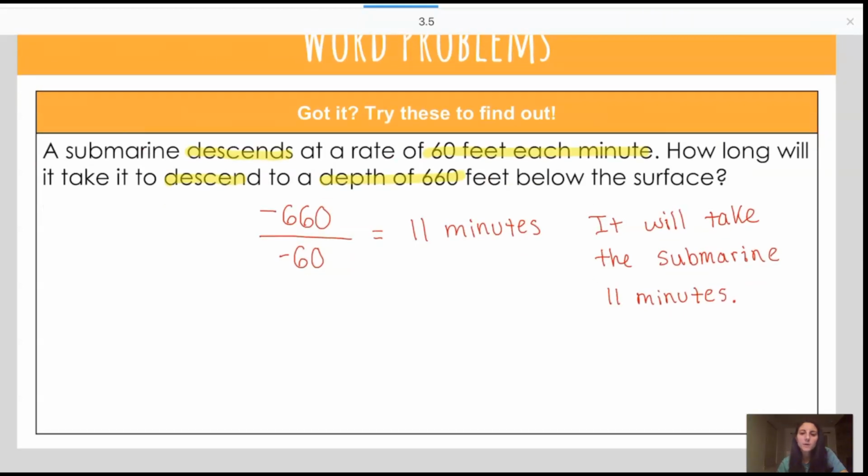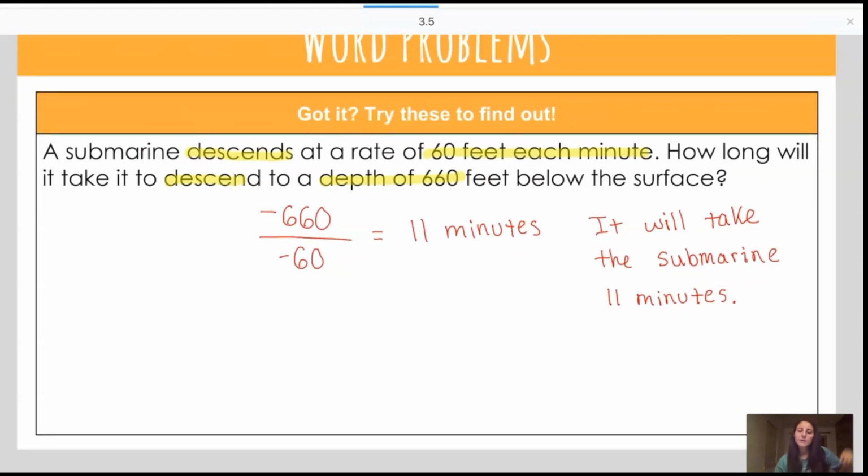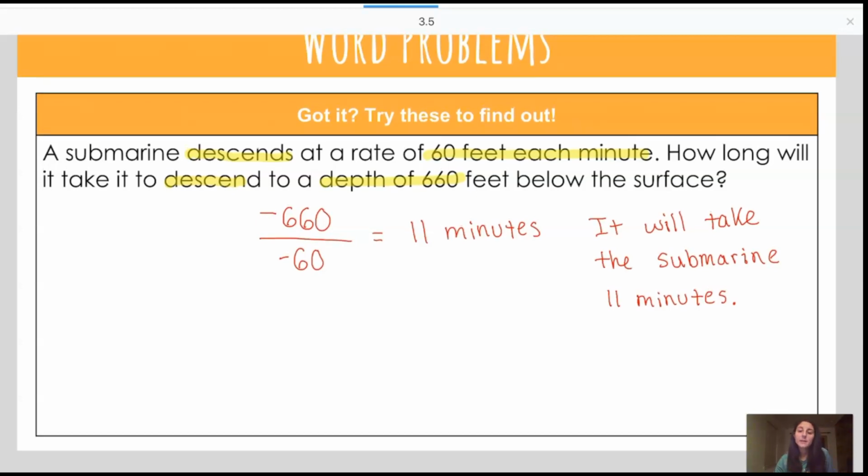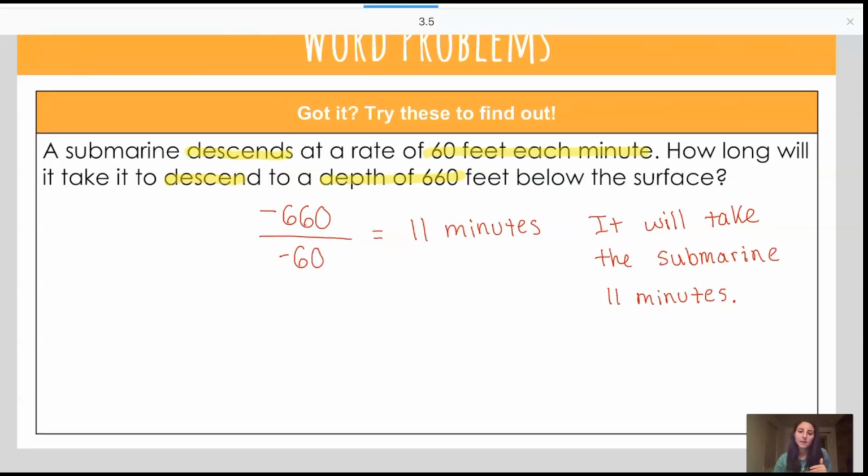Okay, so on this one, the submarine descends, which means to go down, and it's going down 60 feet every minute. Well, it wants to know how long will it take to get down to a depth of 660 feet below the surface. So we're below the surface, so we're going to represent that with negative 660.